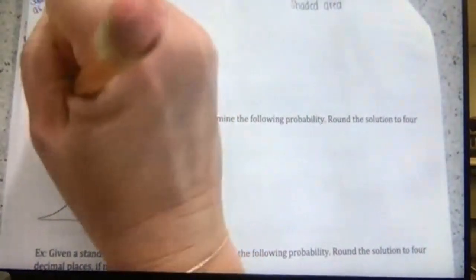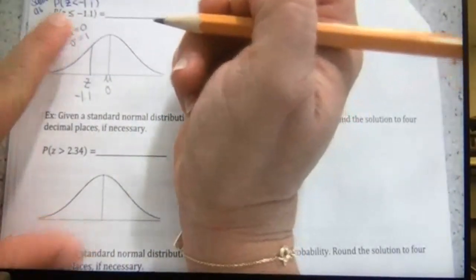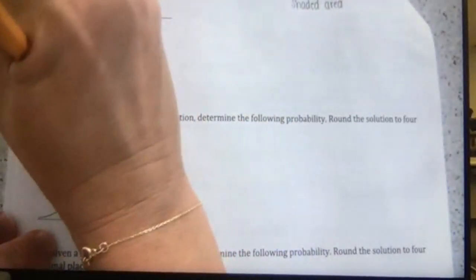Here's our z, negative 1.1. And we're saying that it's less than. Less than means everything to the left. It's going to go on forever towards negative infinity, so that'll be our lower boundary.